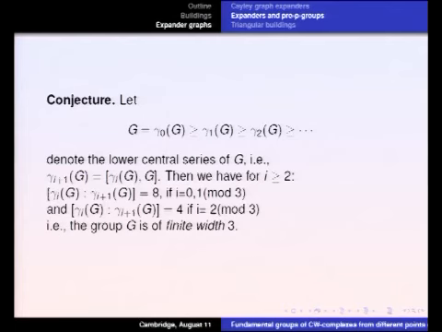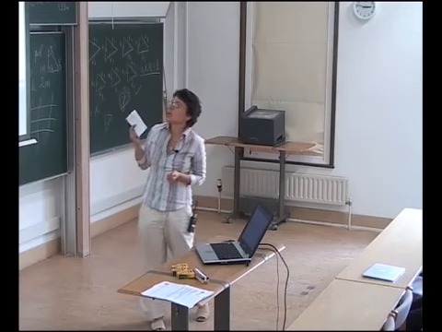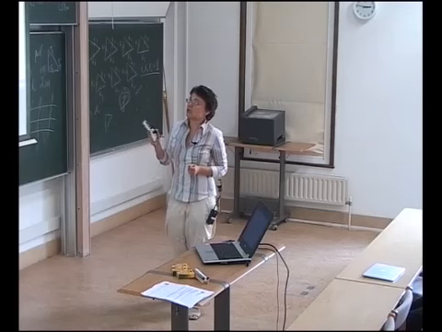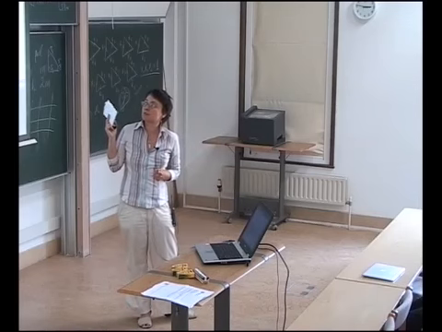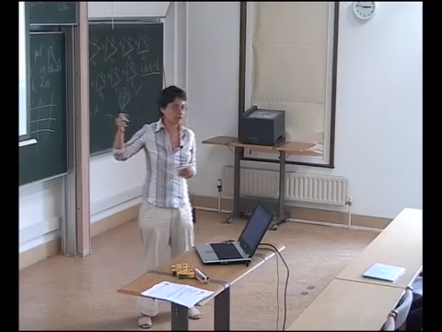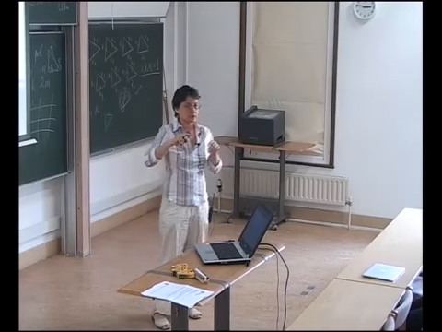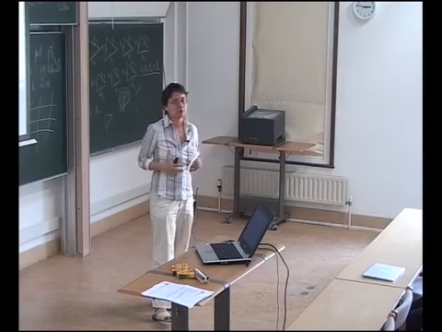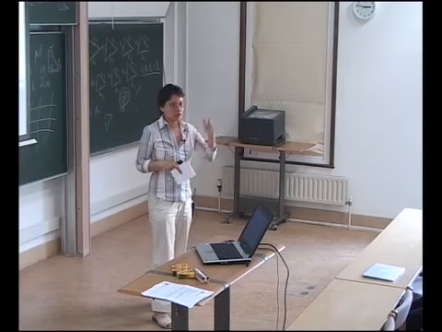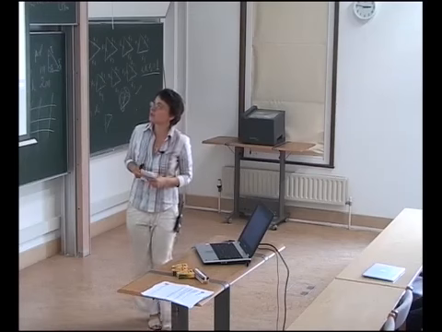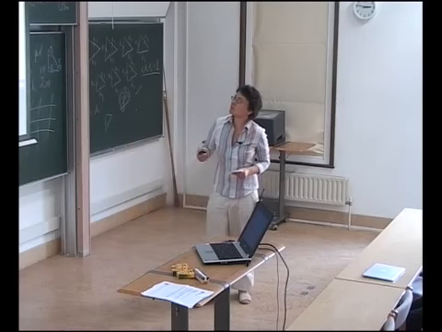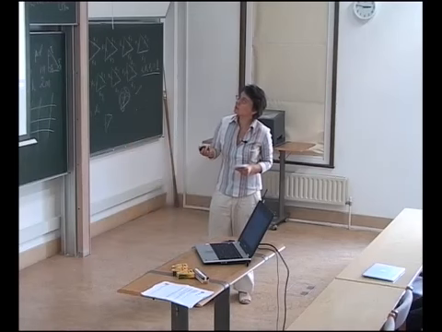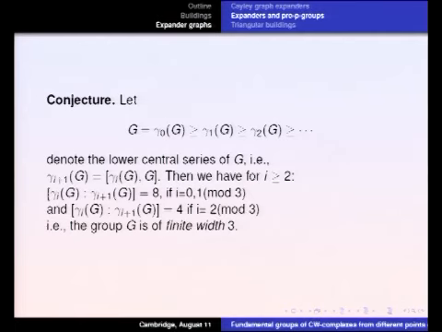this group, but also many other examples of this kind, have quite nicely structured lower central series. Again, I don't know if there is any kind of algebraic interpretation of this, but if you take the lower central series of the group G, which I defined, you take the first commutator subgroup, then the commutator subgroup with G, and so on.